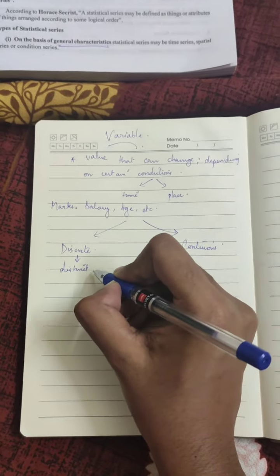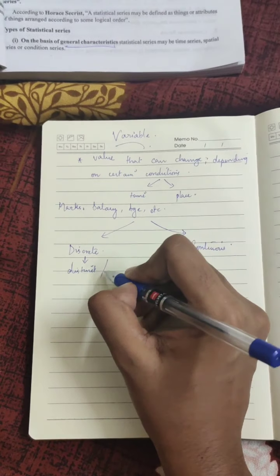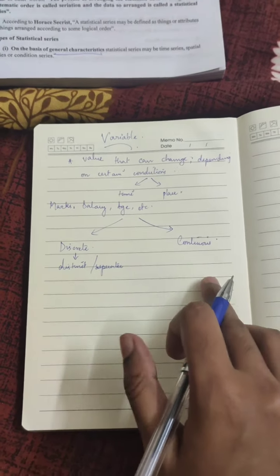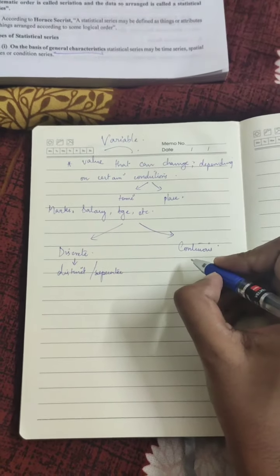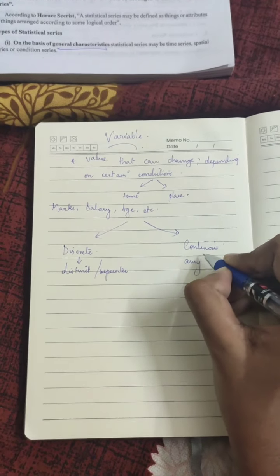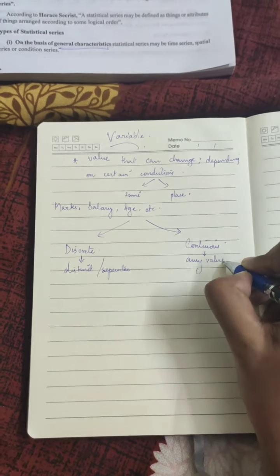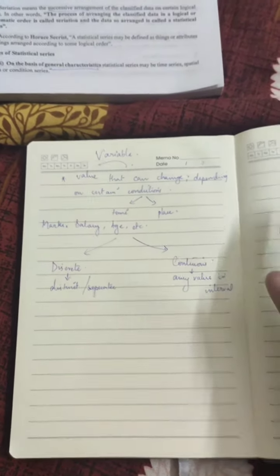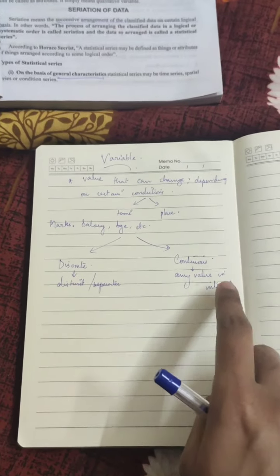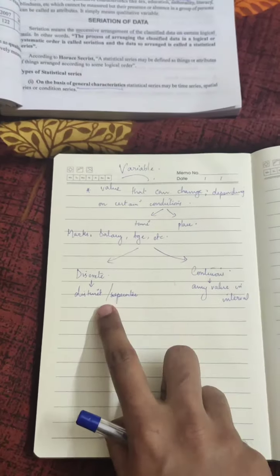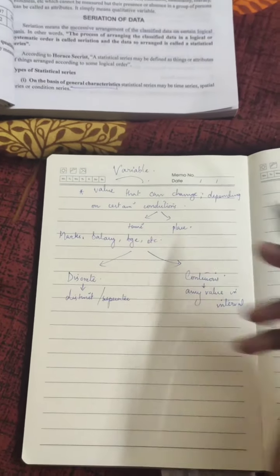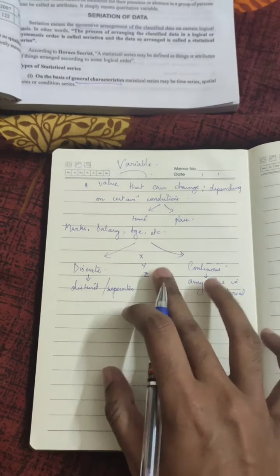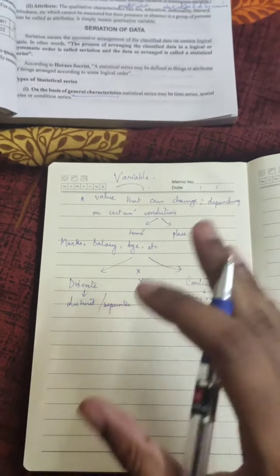Any variable that has a distinct or separate value is known as a discrete variable, whereas a continuous variable is a variable with any value in an interval, it could be infinite or continuous. Usually these variables are represented by letters like x, y, z, etc.